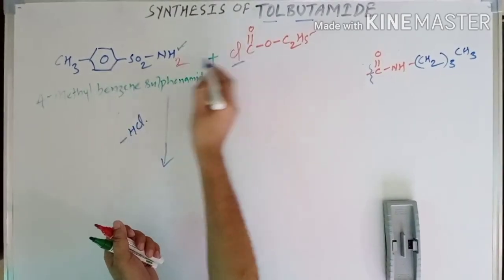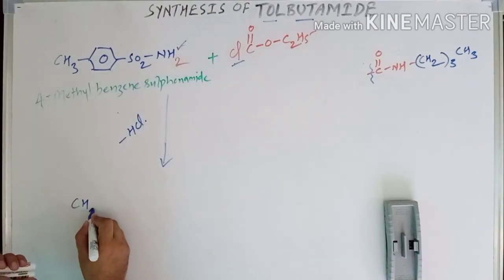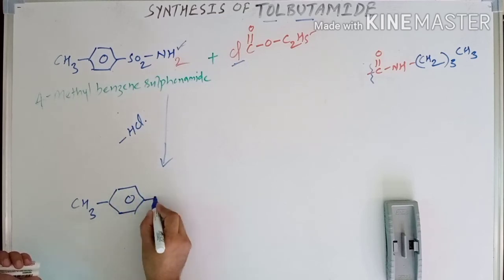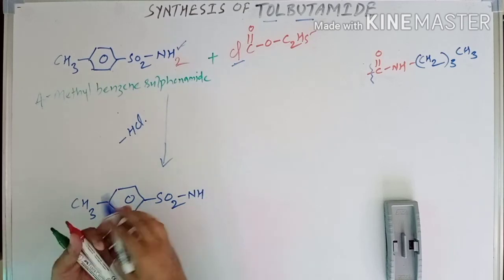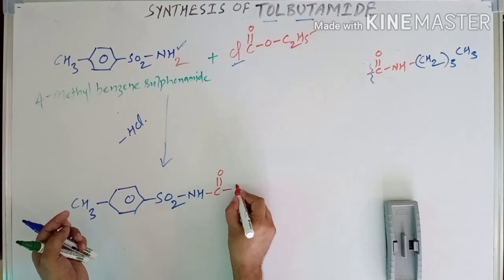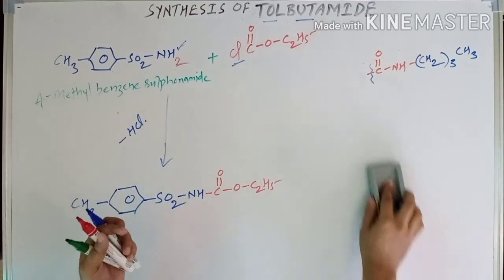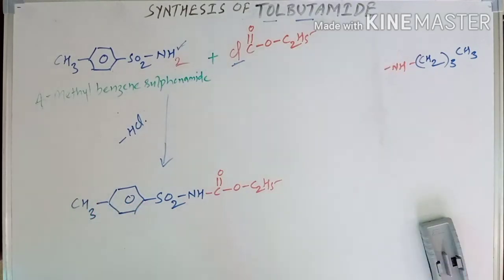HCl is released and this whole group is added onto this structure. So this is your CH3 benzene SO2 NH C double bond O C2H5. So this carbonyl group functionality is already added, so remove it.